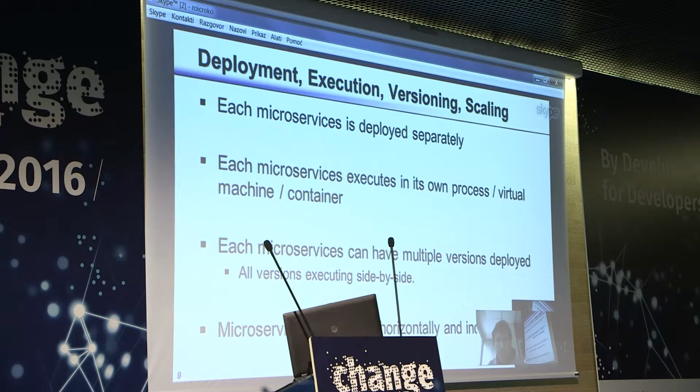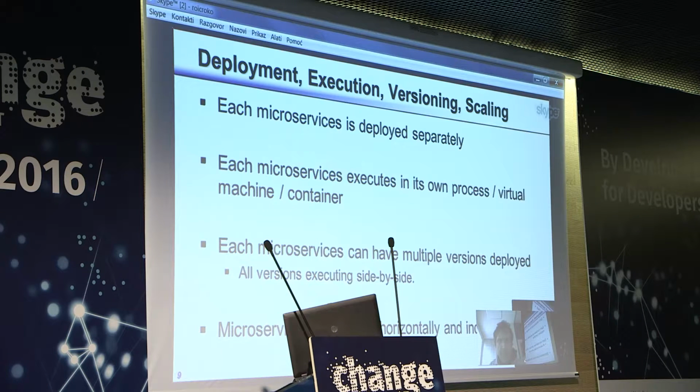If we go on and look at the deployment and execution, the fact is that we deploy each microservice separately. A microservice then executes its own process. This could be a virtual machine, this could be a container. I will come back to this later on. But there are several interesting situations.